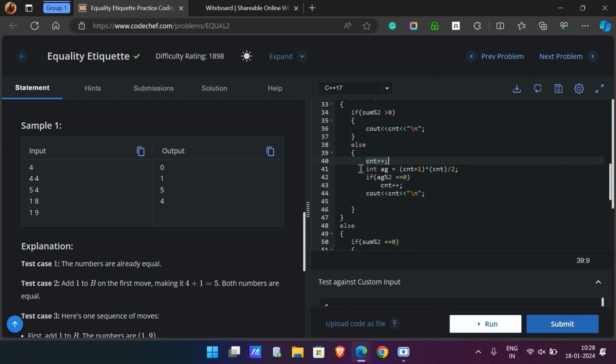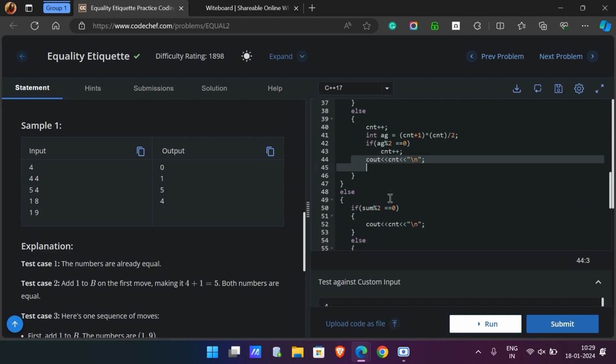So I've incremented count by one. Then again, I've computed the total that it could contribute. If it is again even, I want an odd, so it means it is two far away. So I've incremented count again by one and just printed it.